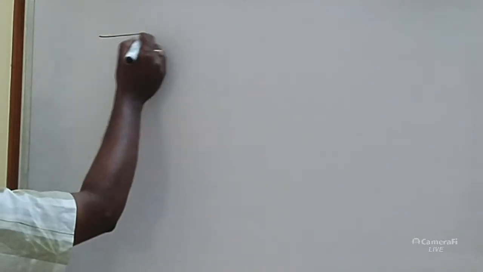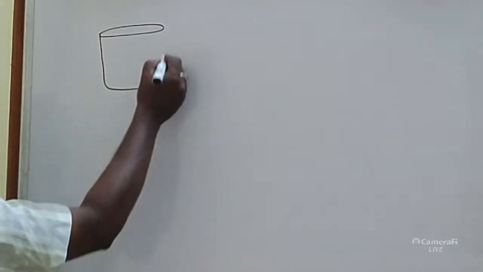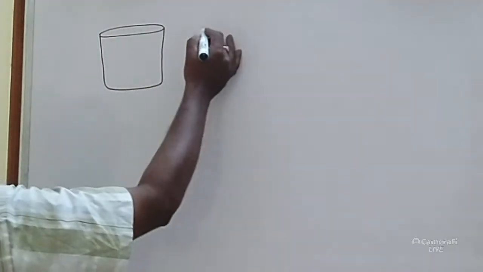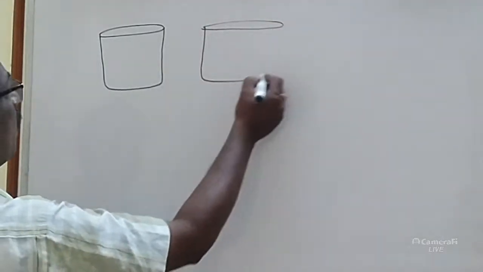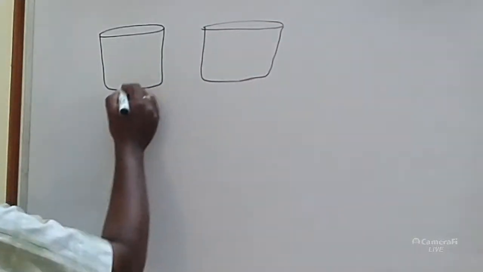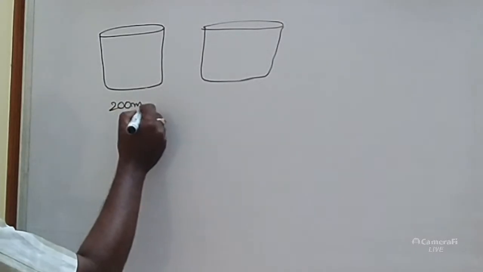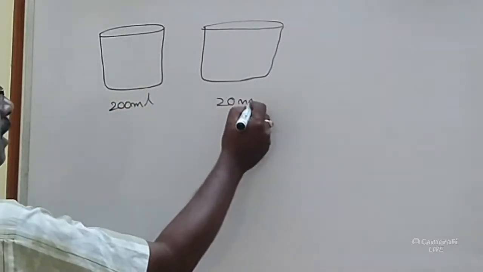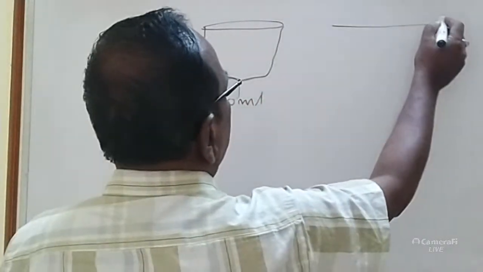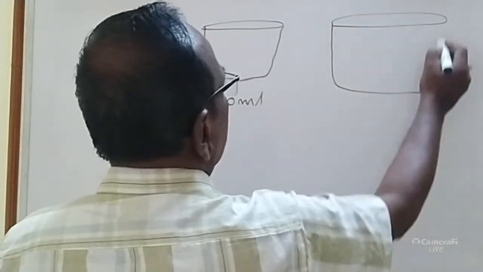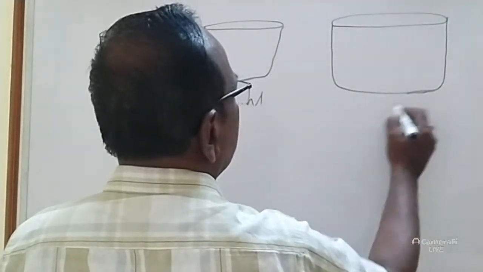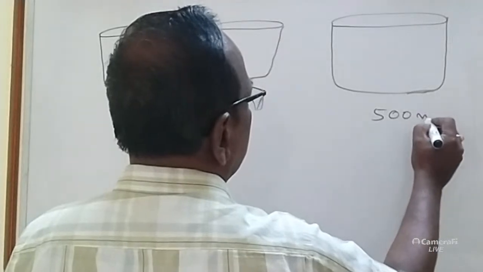First of all, you can take two beakers. So you should take one beaker, and one more beaker. This one is 200 ml of water, this one also 200 ml of water. Then take one big beaker that contains 500 ml.